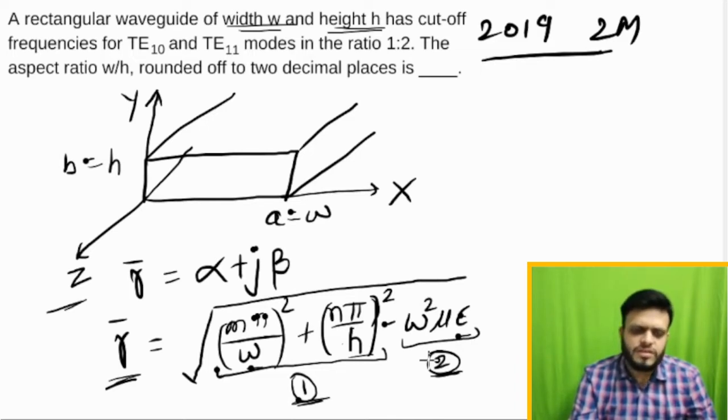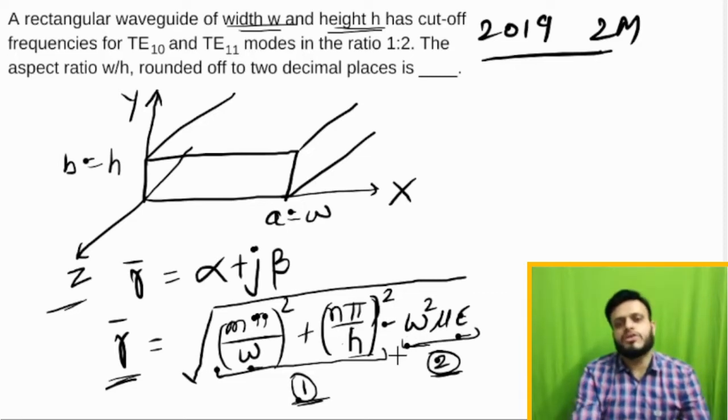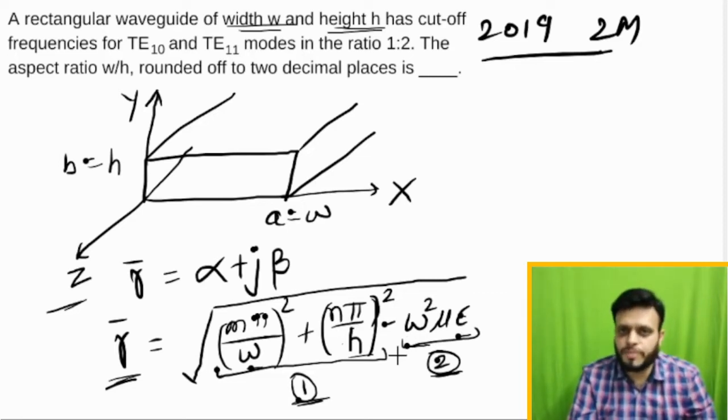If it is some other dielectric material, then mu r and epsilon r also come into the picture. But for each material, the values of mu and epsilon always remain constant. Now we can change the frequency of operation of the wave.